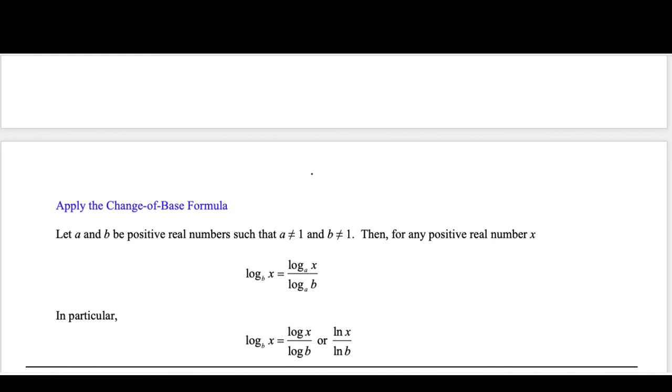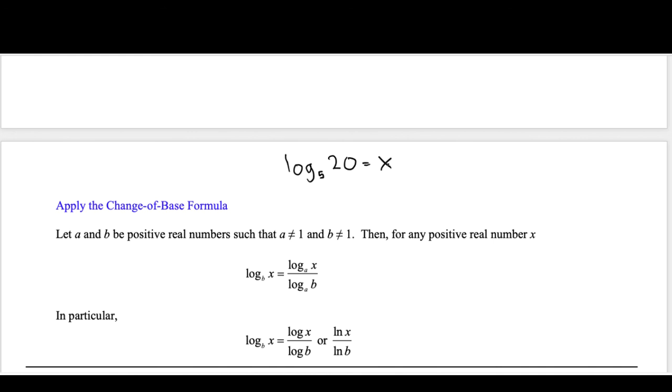And this is really handy for, let's say I have a logarithmic expression, something like log base 5 of 20 equals x, okay?